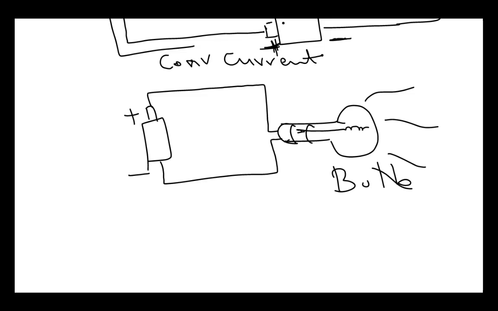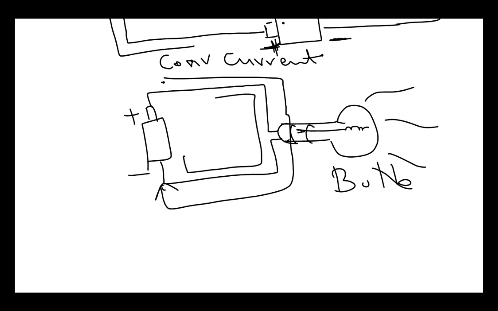Now the conventional current is in this direction, while the electron current is in the opposite direction. This is the electron current. This is the conventional current.